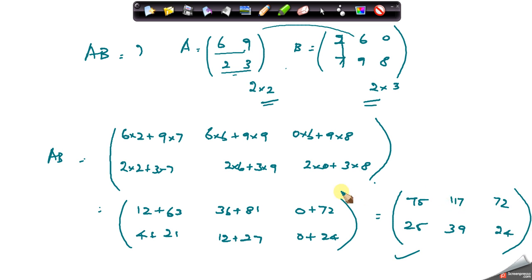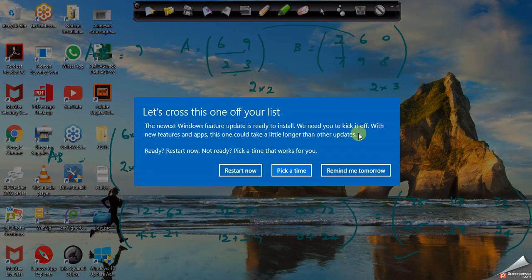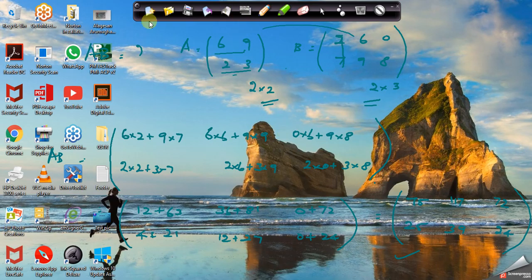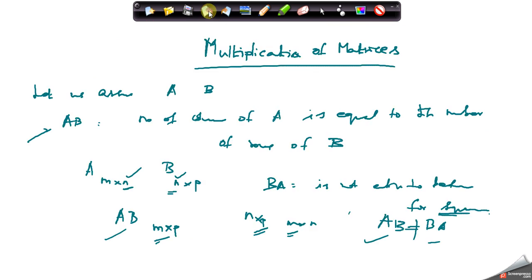See, one more piece of information I just want to tell you right now. This is the product matrix AB. I just want to tell one more point here.